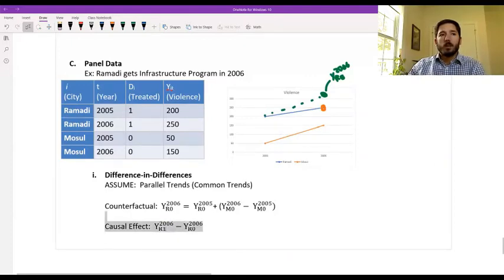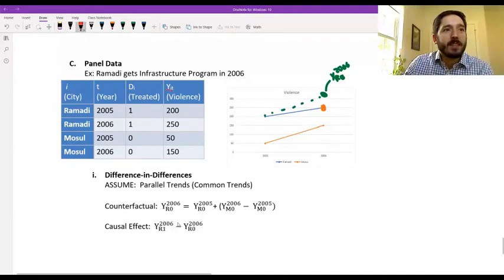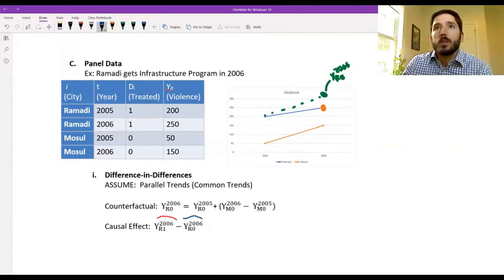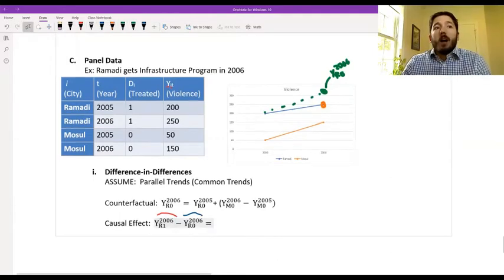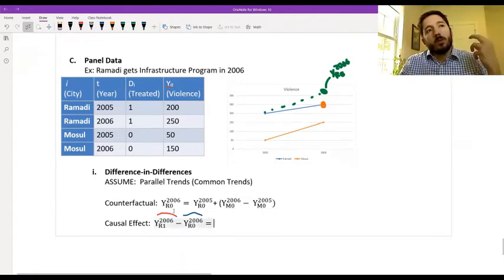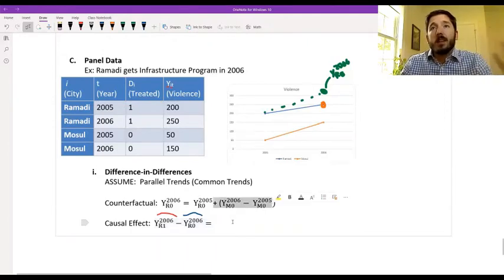This guy here is something we observe. This guy here is something that we don't observe. That's our counterfactual. Obviously, we don't observe this second part. So that's where this assumption comes in. We're going to build this guess at the counterfactual based on that assumption.